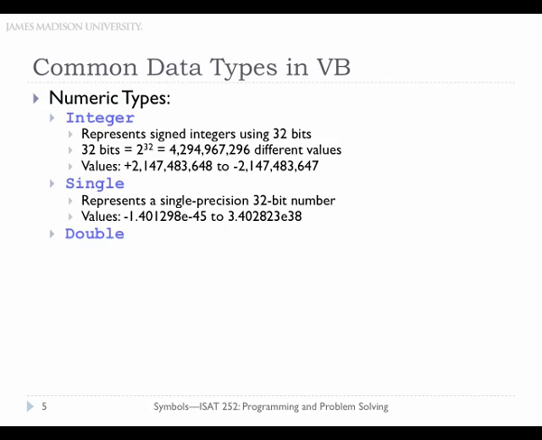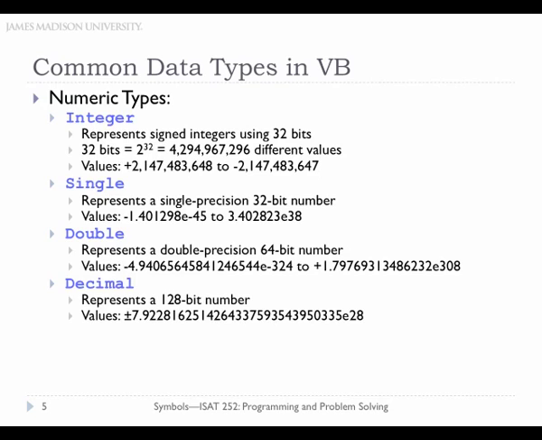But if that's not enough, you can use a double, which represents a 64-bit precision number, and it can have values from negative 4.9 times 10 to the minus 324th power all the way up to 1.79 something times 10 to the 308th. And then if you need even more precision, you can use a decimal value, which is a 128-bit number, which can have a lot more significant digits.